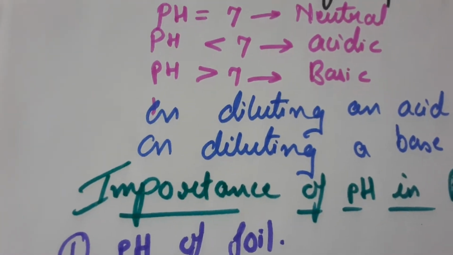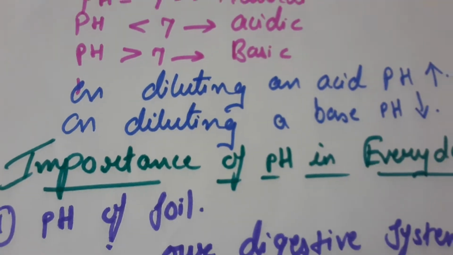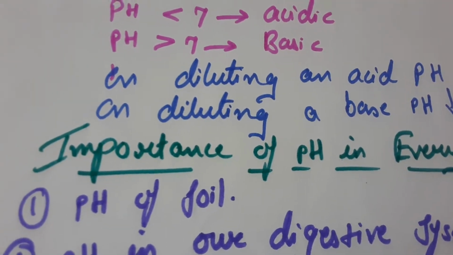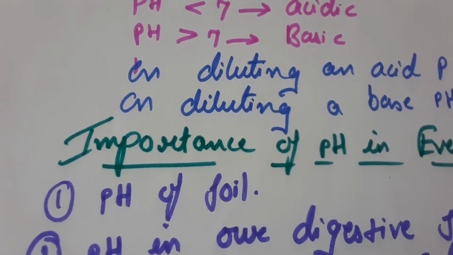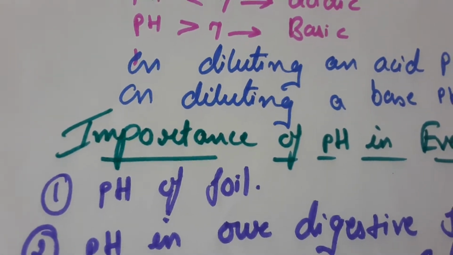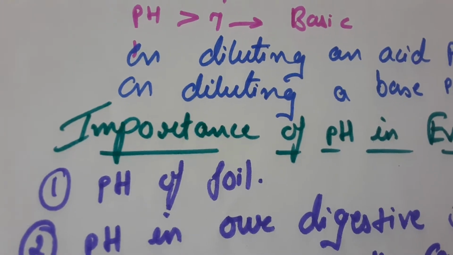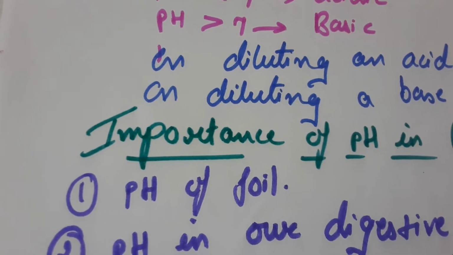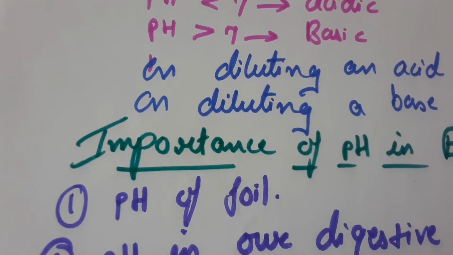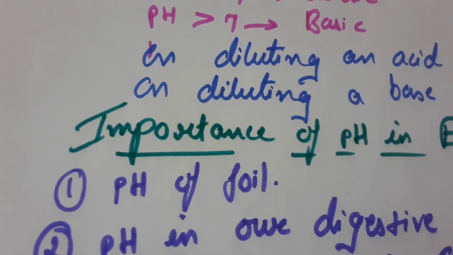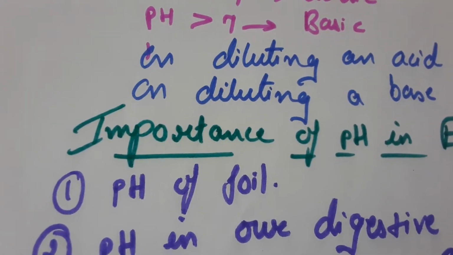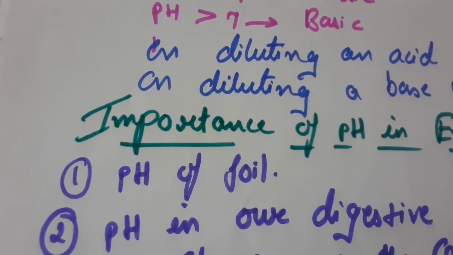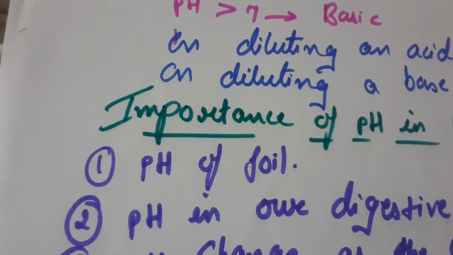Dear students, pH plays a very important role in our life. If you want to know the pH of the soil in your backyard, plants require a specific pH range for their healthy growth. To find out the pH required for the healthy growth of a plant, you have to collect soil from various places and check the pH in the manner described above.